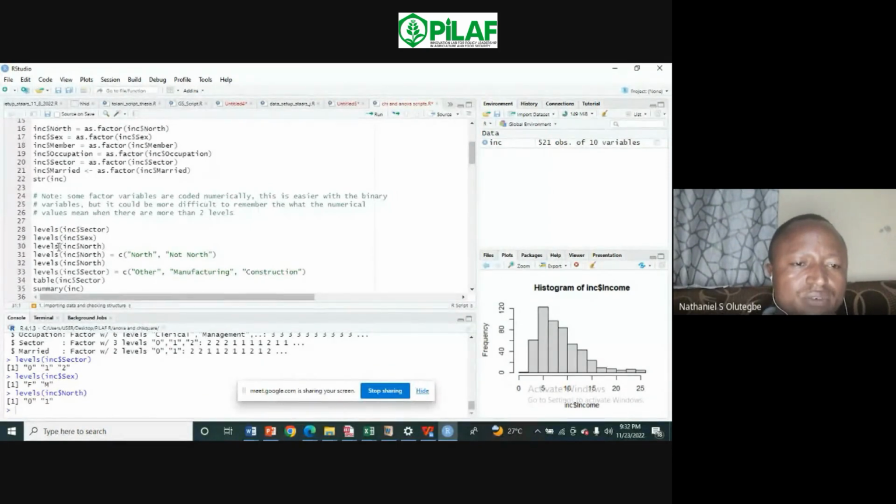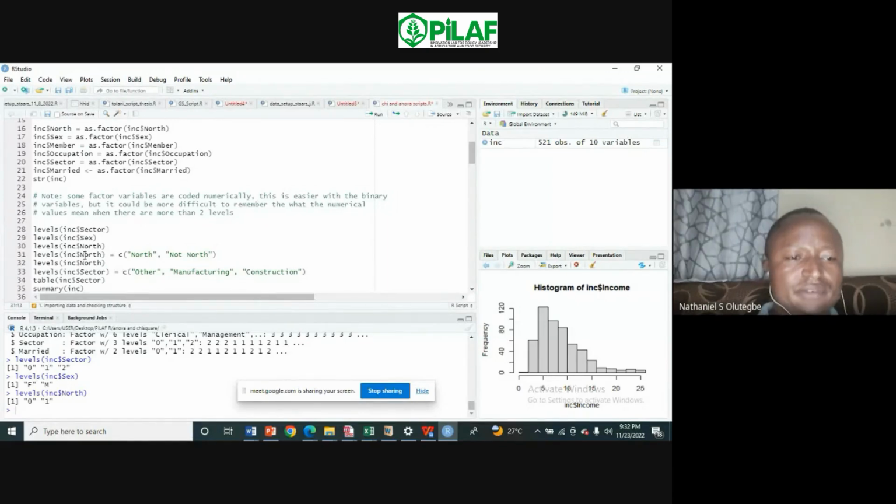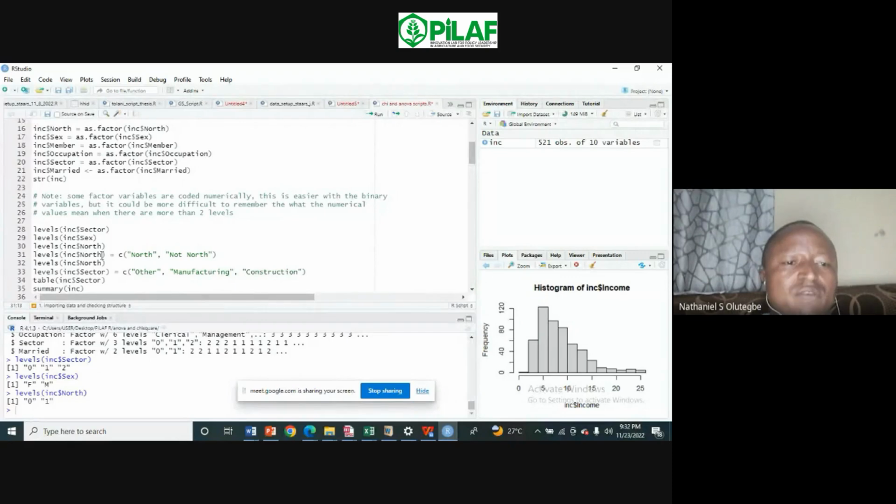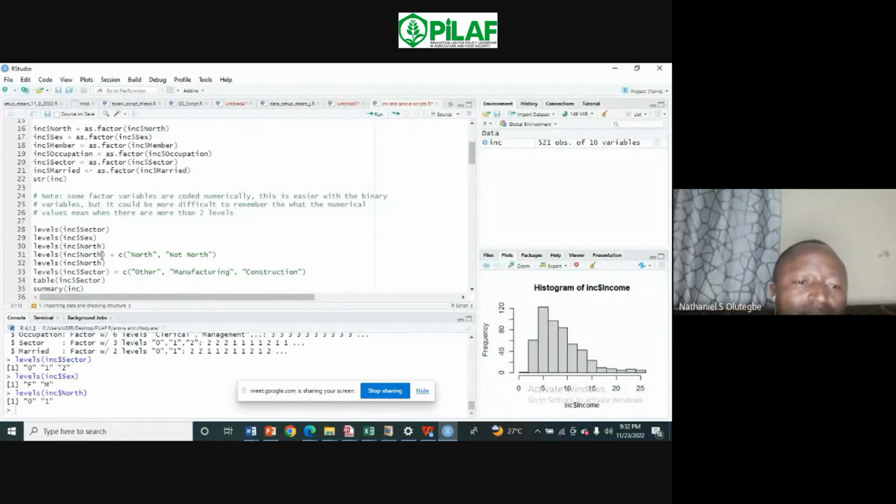For not, you may or may not do this, because the name is already taking a position, and so you know that once you have 0, it's not, and when you have 1, it is. You can easily understand this as you run your analysis. This is not expected to cause any confusion.